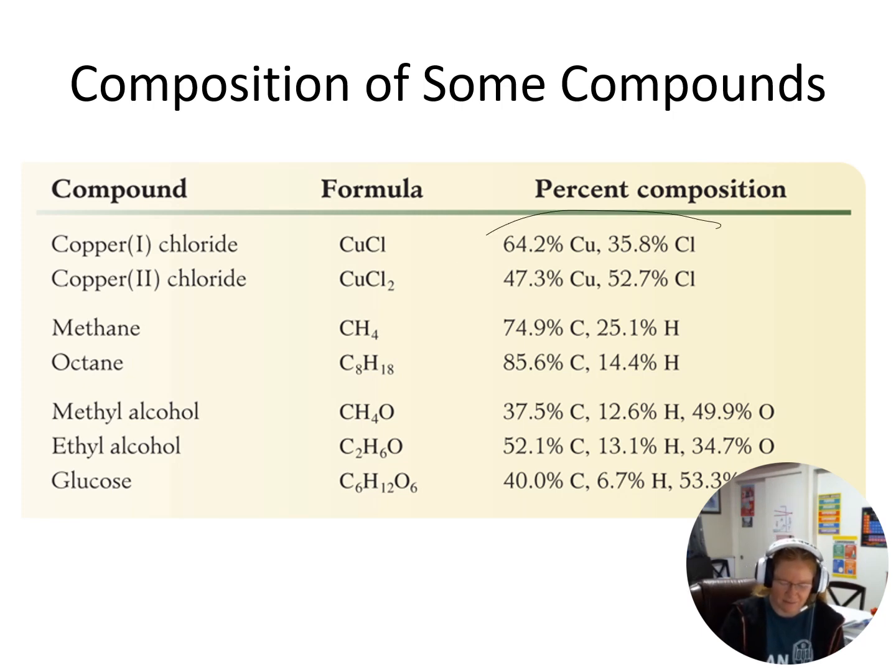And so we have different mass percents of each of those because we have a different amount of each of those. Same thing with methane and octane. We have carbon and hydrogen. So we're going to have different percents of those. I could run that same calculation and get these numbers, CH4 or C8H18. All right. So all sorts of different compounds and all sorts of different formulas that relate to those compounds.